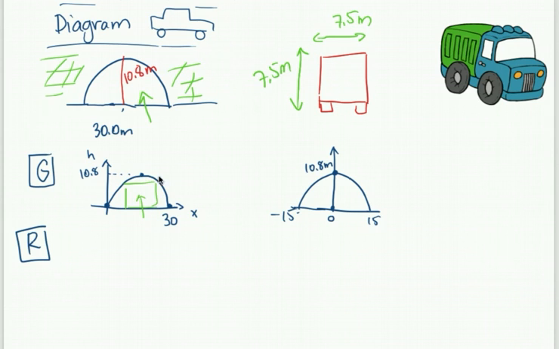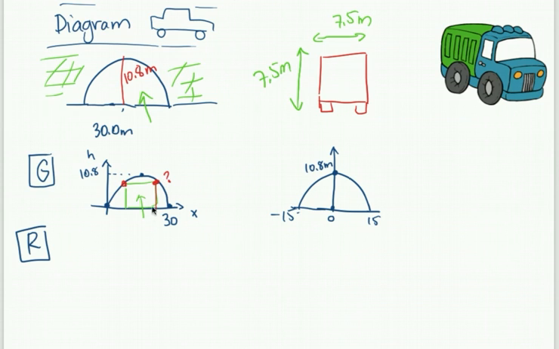Once we find that equation, we need to drive the truck through. So we're going to drive it through the middle. We're not going to drive it through the side here. We need to figure out the part that will hit the tunnel is this corner here. So we need to figure out what height that is right there. Okay, so we need to figure out what this point is here.